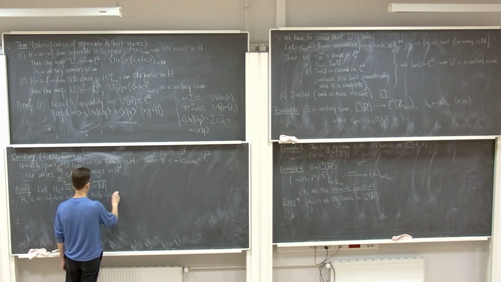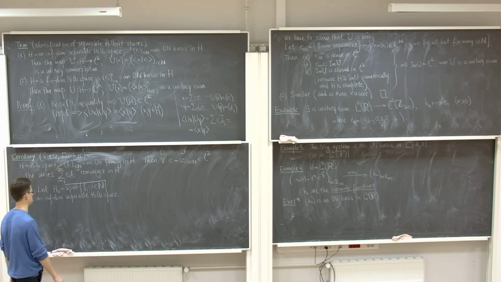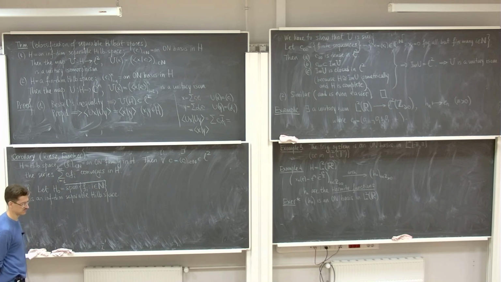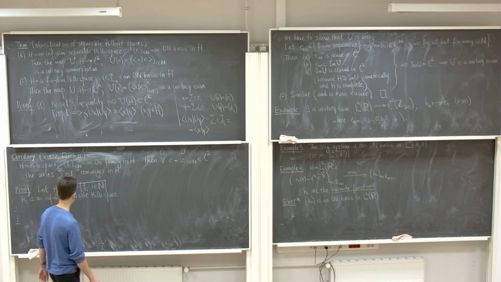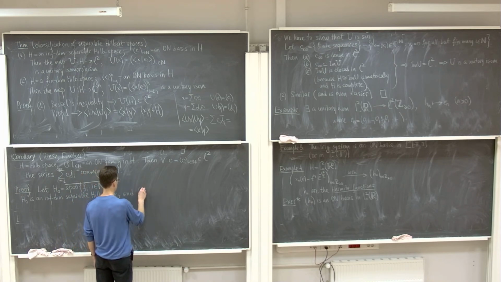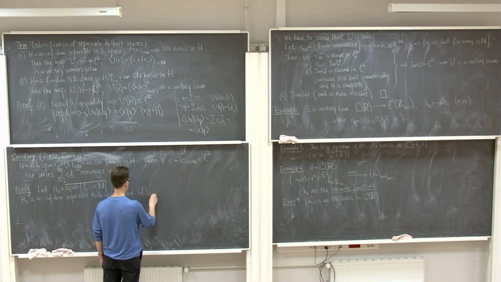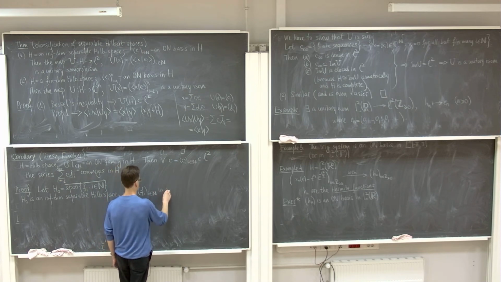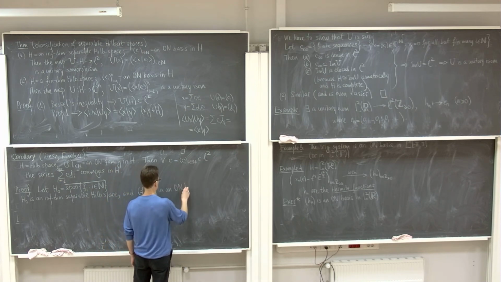It is separable because we have countably many elements here, and it is a Hilbert space because it is closed in H, and H is a Hilbert space. So it is an infinite dimensional separable Hilbert space, and Fi is an orthonormal basis of H0.